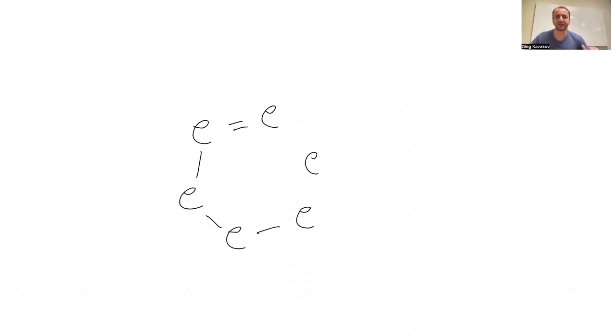But now what happens next is that they will have the alternating double and single bond. So here we have a double bond, right? Single bond, double bond, single bond, double bond. So here we go, right? So in this case, if you see something like that, the combination of carbons and hydrogens, in which case the six carbons are arranged in a cycle and they have the alternating double and single bonds.